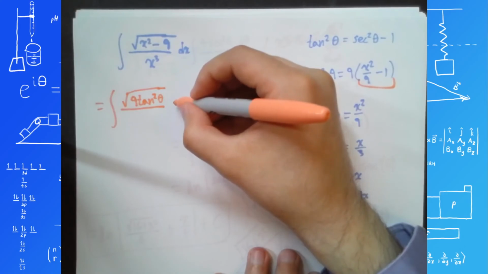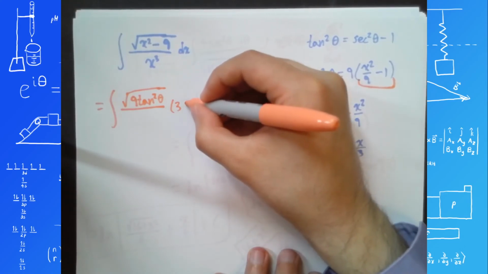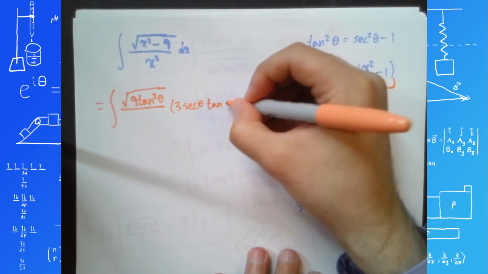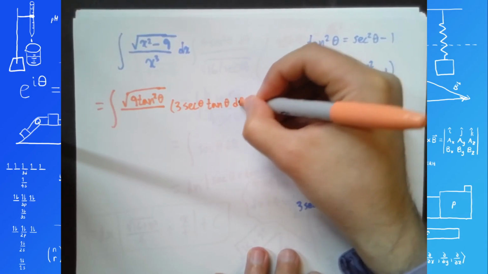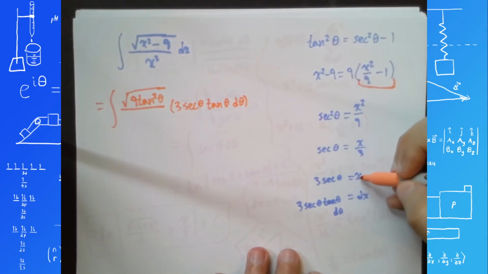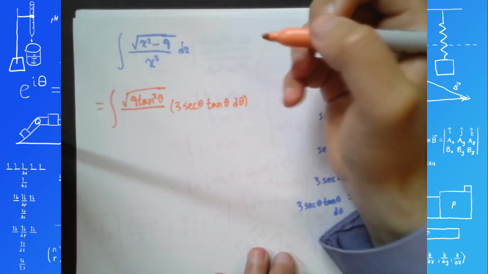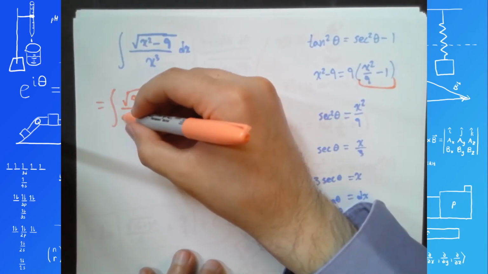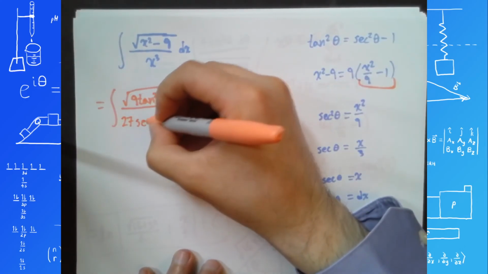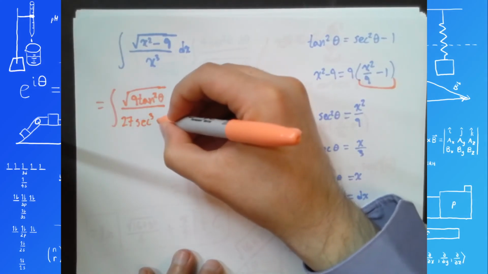Dx becomes 3 secant theta tangent theta d theta. And then x cubed. X cubed is going to be, well, x is 3 secant theta, so x cubed is going to be 3 cubed is 27 times secant cubed of theta.